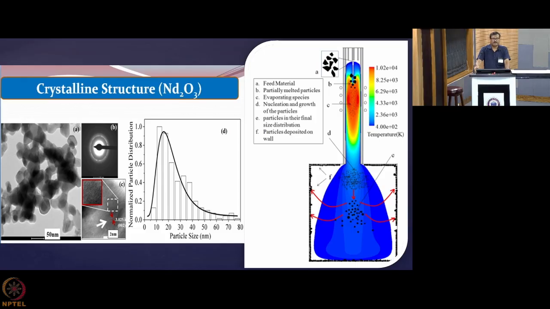Through that the particle starts growing, and there is a critical temperature below which the growth of the particle stops, and usually that stops at the nanometer level.